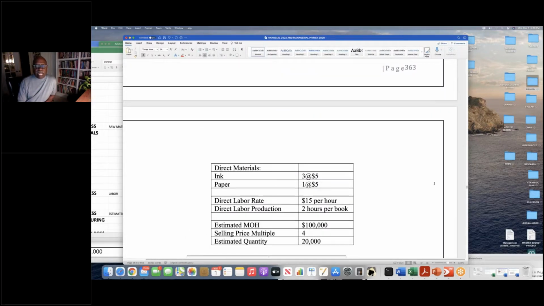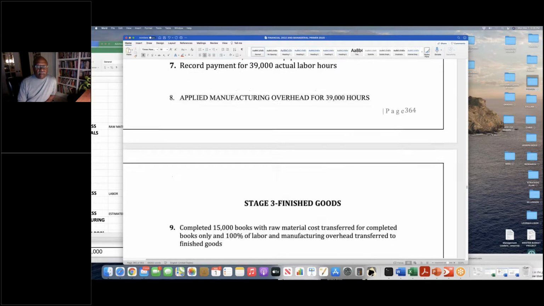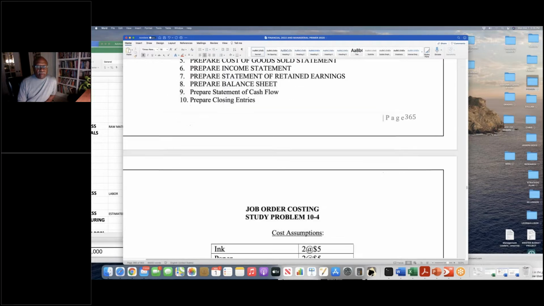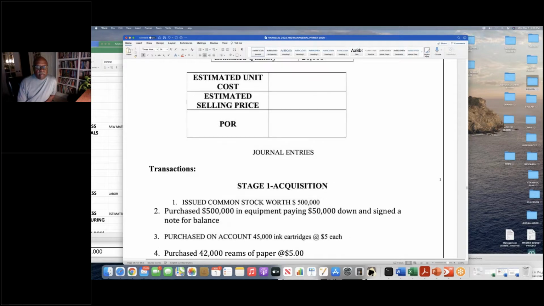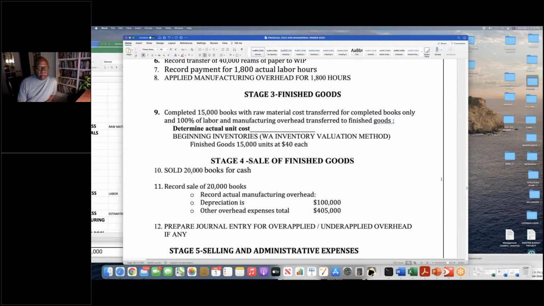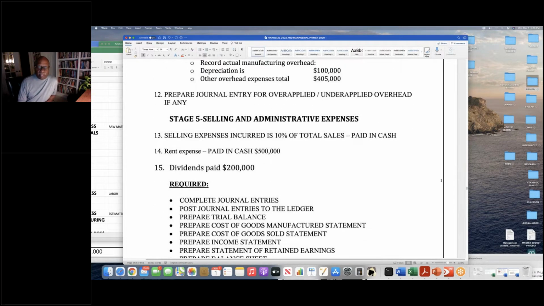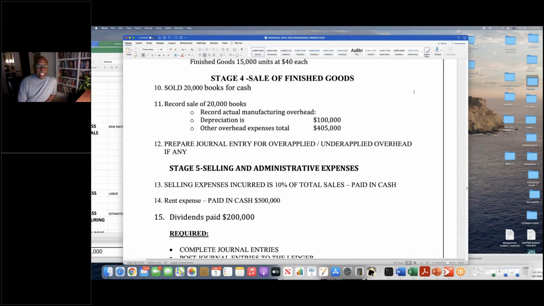And you got an example in here. Okay, and then we have the study problem. So we have some basic study problems on this that's in here, and then eventually you do one on your own. Any questions?